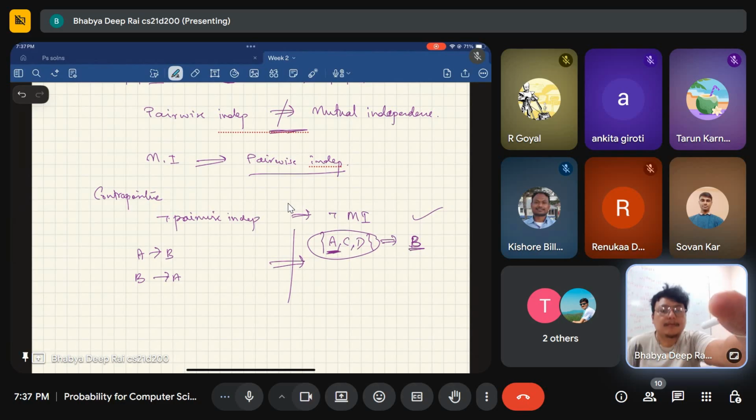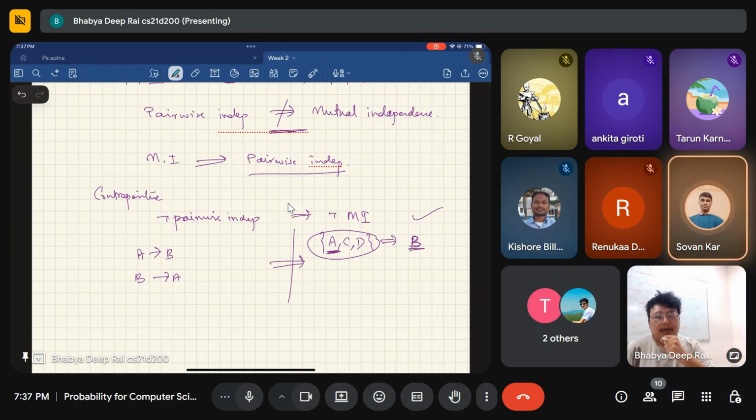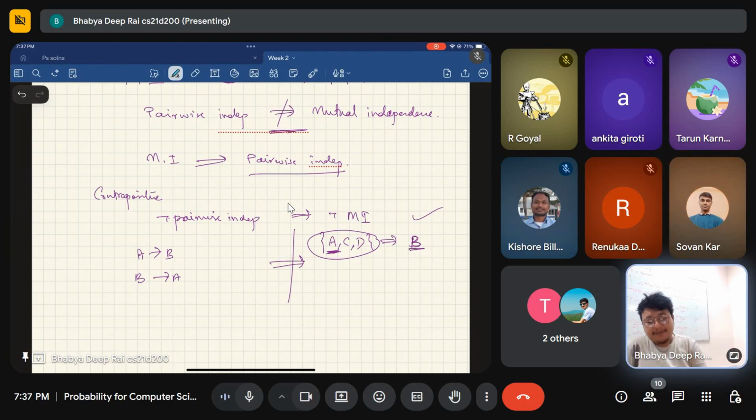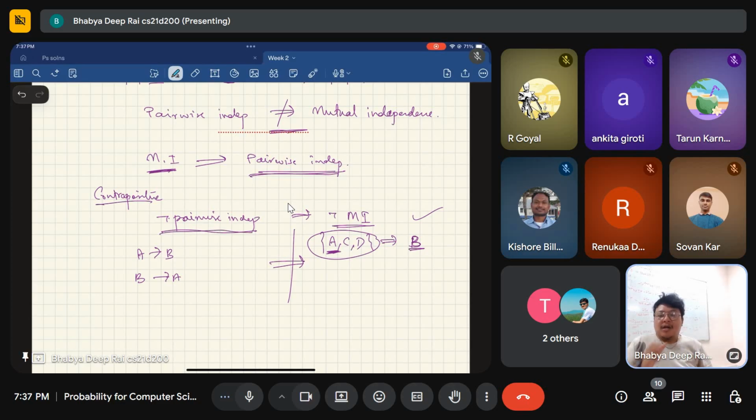The connection was just lost. Can you please repeat? It is true that mutually independent implies pairwise independence, because just look at the contrapositive. It's enough to prove that if the events are not pairwise independent, then they are not mutually independent.